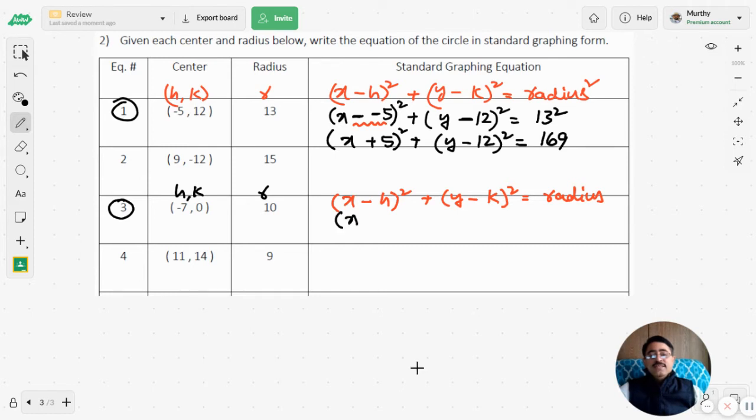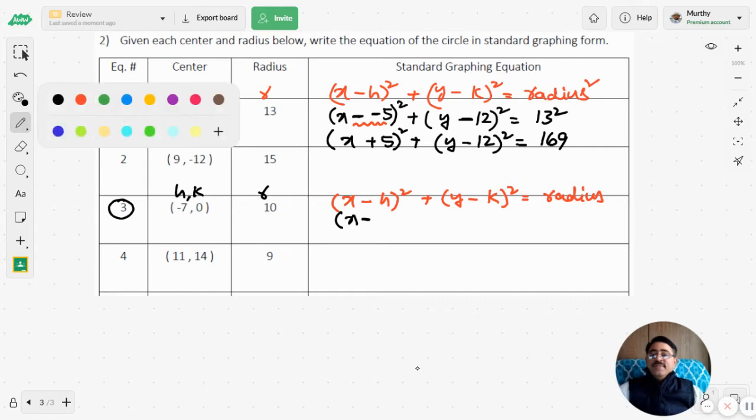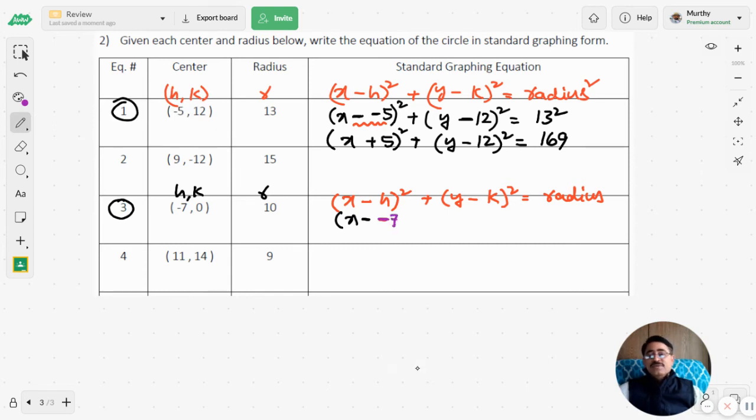Therefore, x minus, what is the value of h? Let me use a different color so that this will not be mixed up. It is negative 7. So (x minus negative 7) square plus (y minus, what is the value of k? You can see that it's just 0.